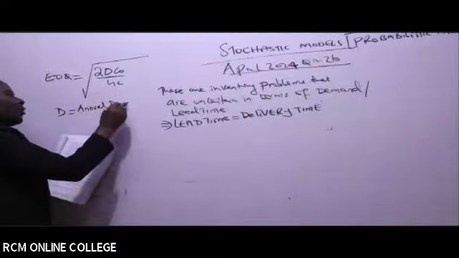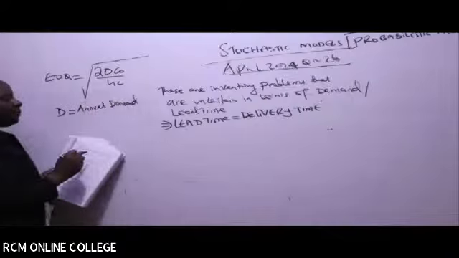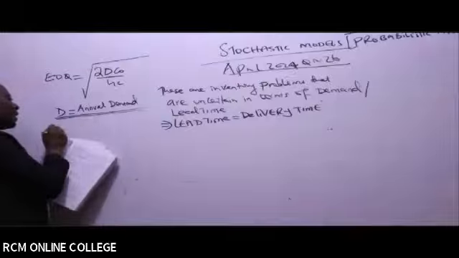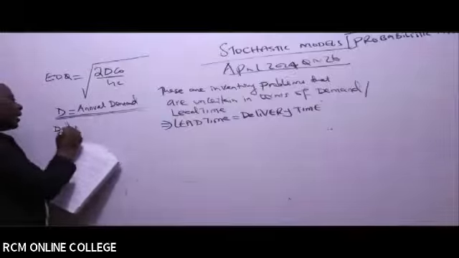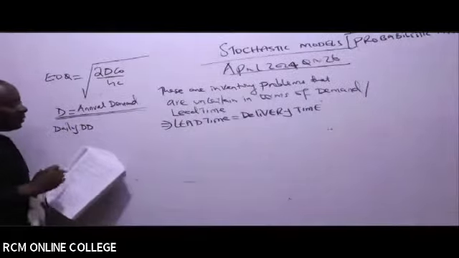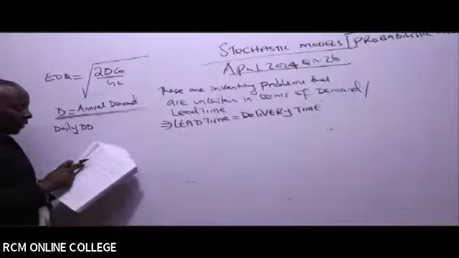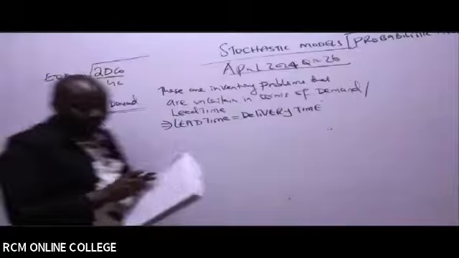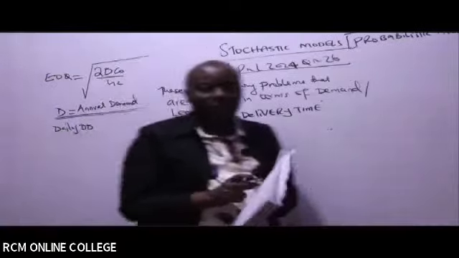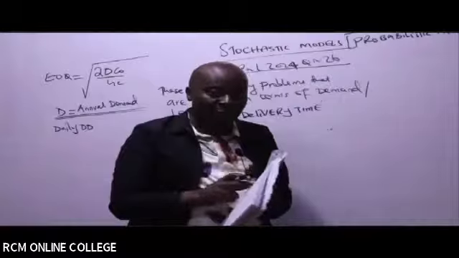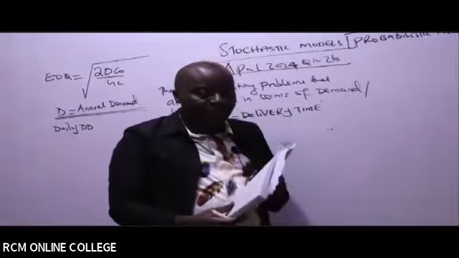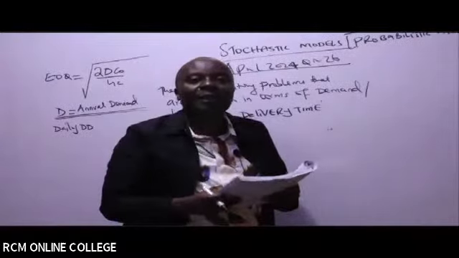What I can see is the examiner has given me daily demand, in a column that is called daily demand. So meaning that I must get this daily demand and then multiply it with the number of days in a year.